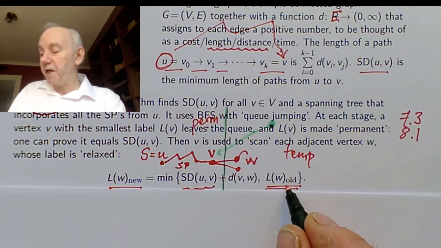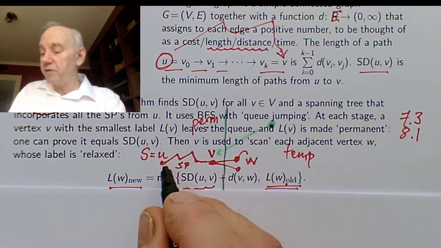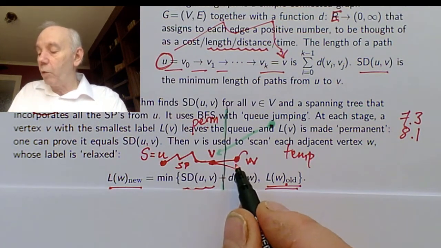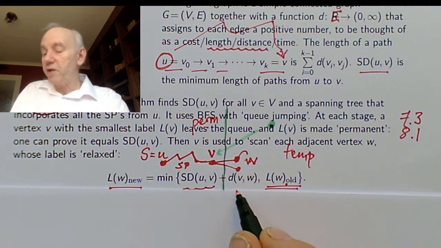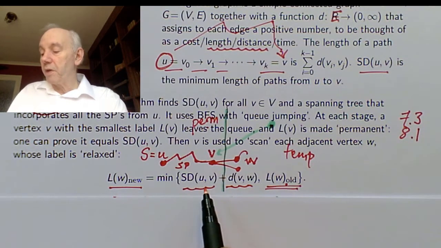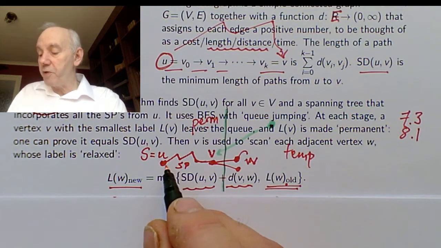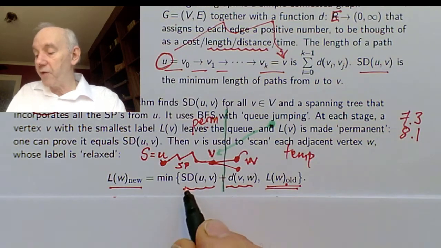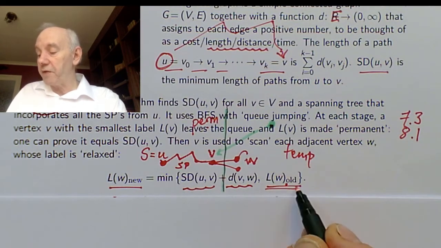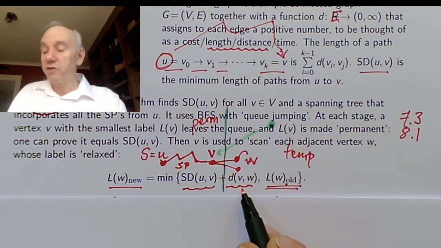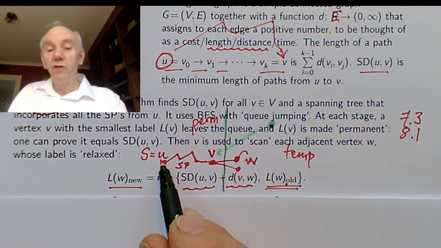Instead of the old label, we take the length of this path, which is the shortest distance from U to V, plus, not plus 1, plus the weight of this edge, d(V,W). That means we do have a path from U to W with this total weight. If that is smaller than the length we had before, we use this one, and that will be a better approximation to the actual shortest distance from U to W.